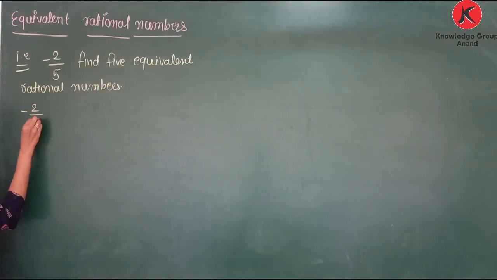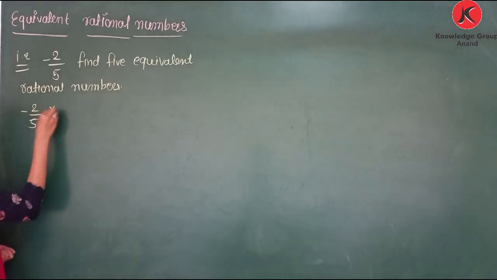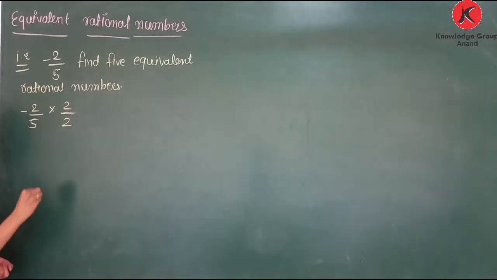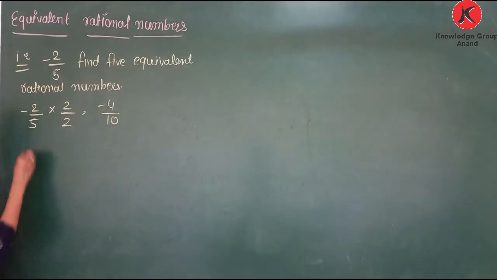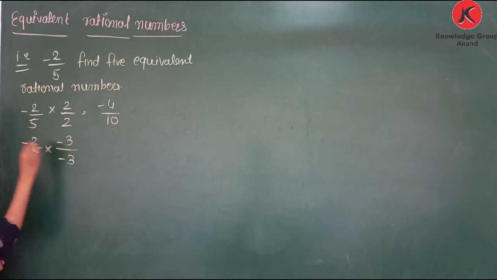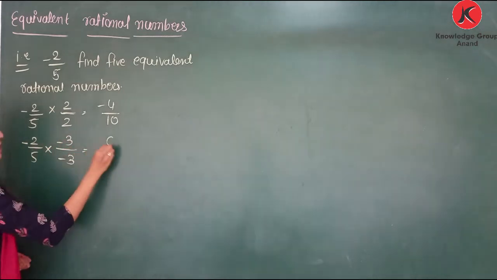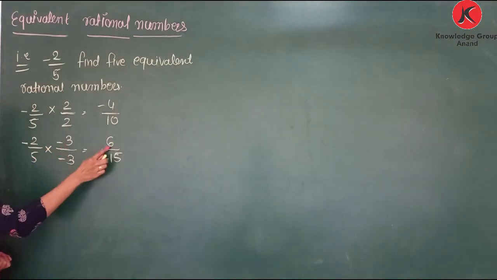Minus 2 by 5 is multiplied with any non-zero integer in the numerator and denominator. If we multiply with 2 by 2 in the numerator and denominator, we get minus 4 by 10. If you multiply it with minus 3 by minus 3 in the numerator and denominator, we get 6 by minus 15. Minus 2 multiplied by minus 3 is 6.